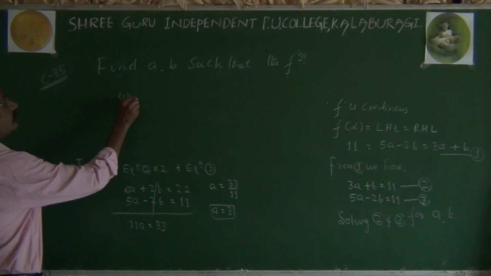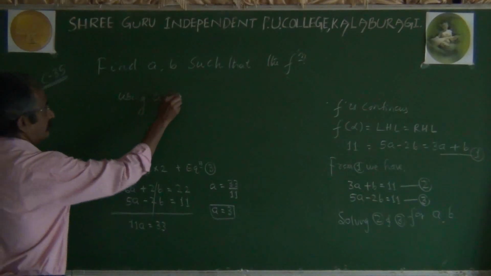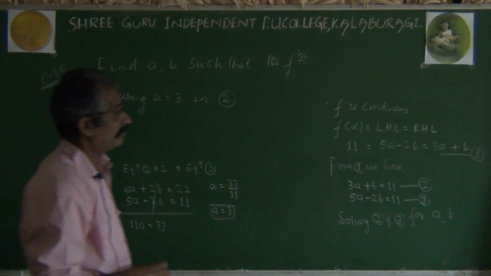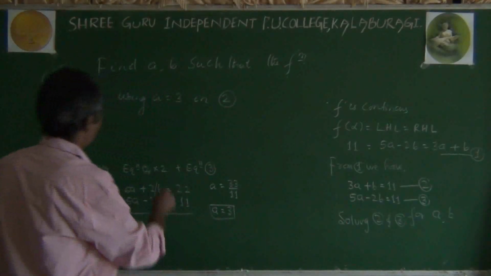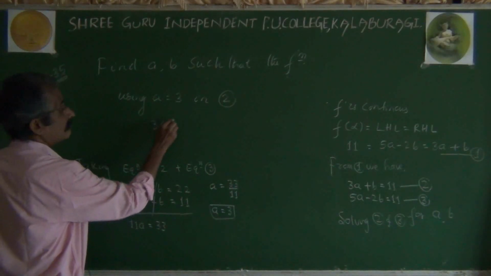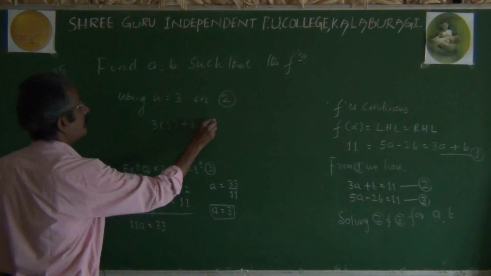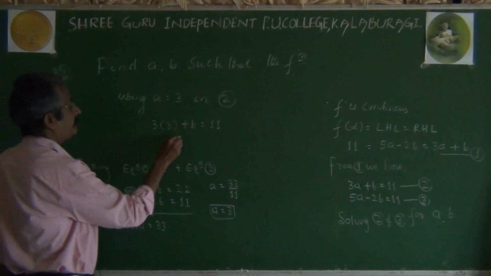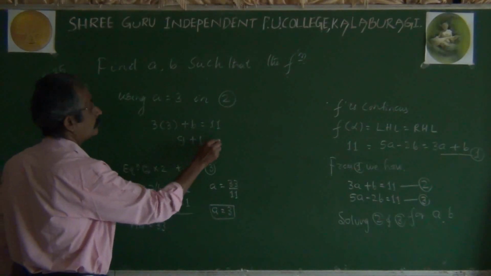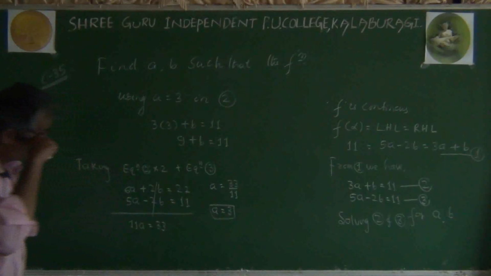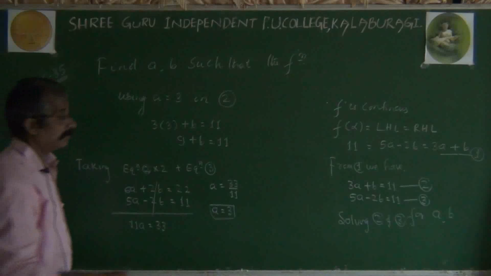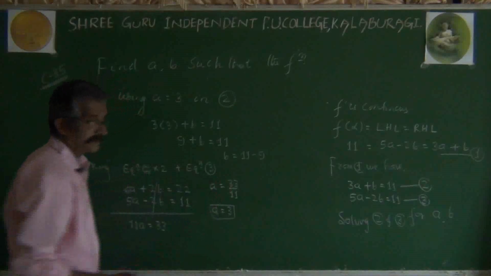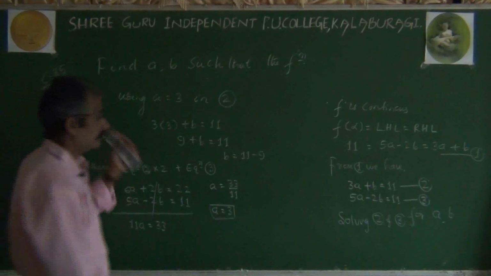Using a equal to 3 in equation 2, 3 into 3 plus b equals 11. 9 plus b equals 11, or b equals 11 minus 9, that is b equals 2.